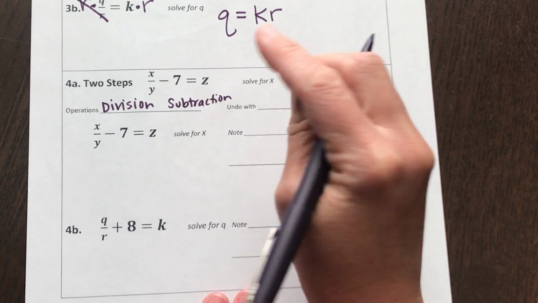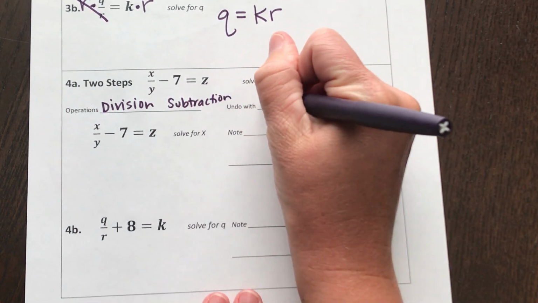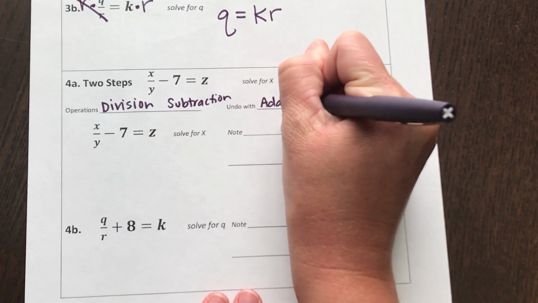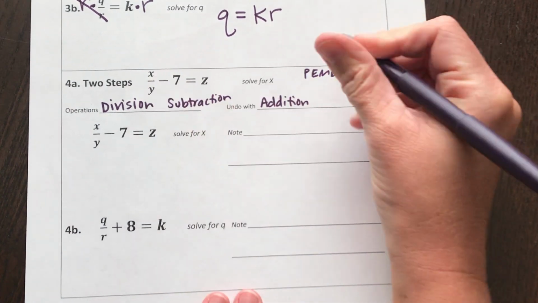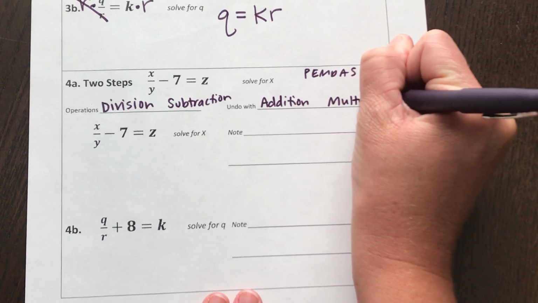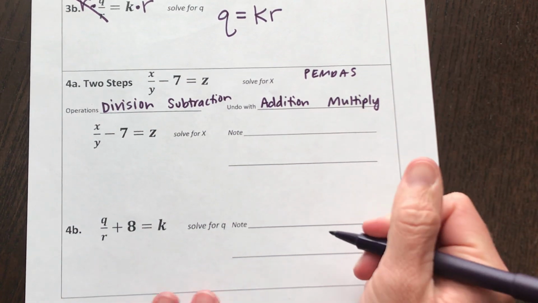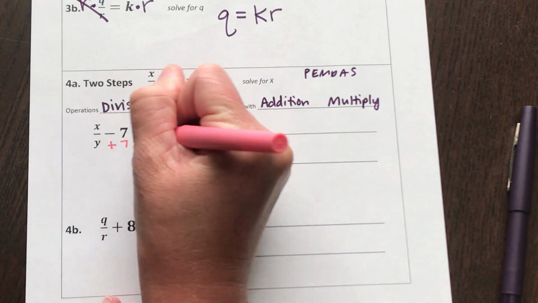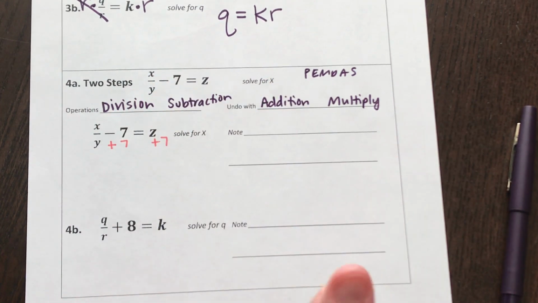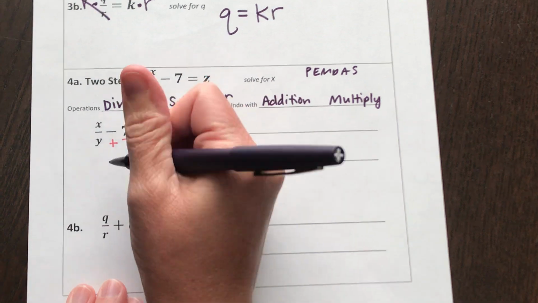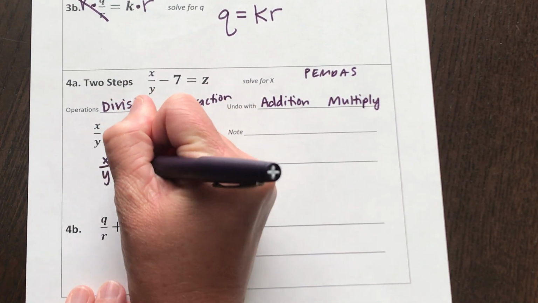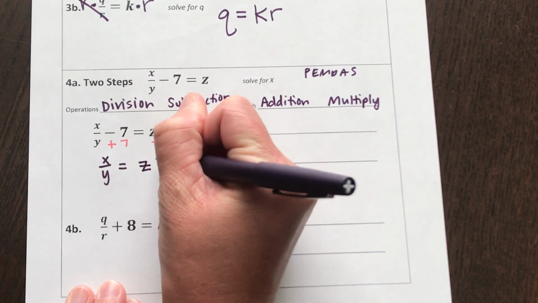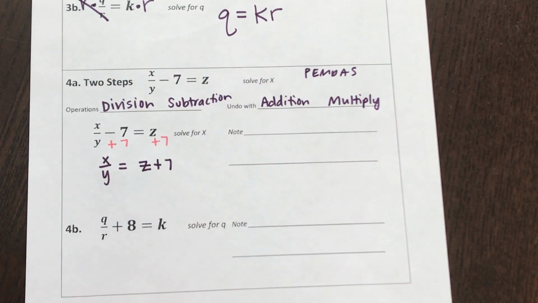So I'm going to start with my subtraction and I'm going to do addition. And then to undo my division, I'm going to use multiplication. Okay, so first what I'm going to do is add 7 to both sides. Now I have x over y is equal to z plus 7.